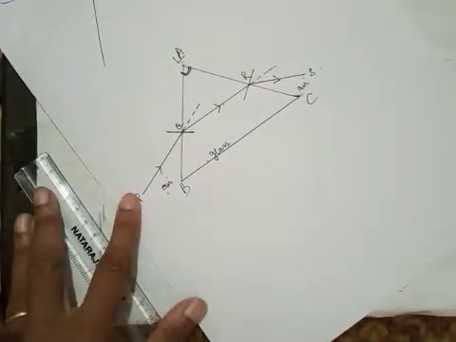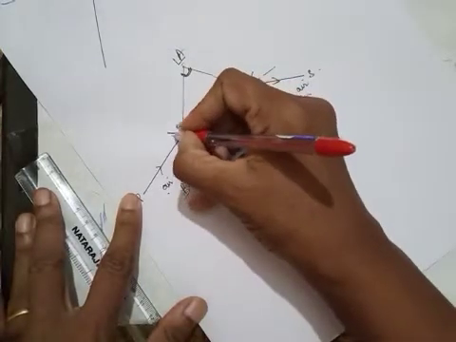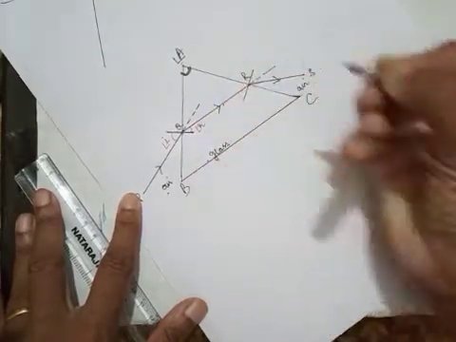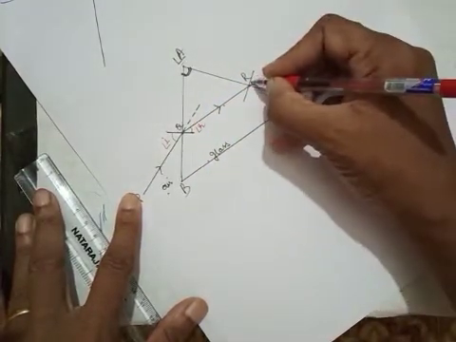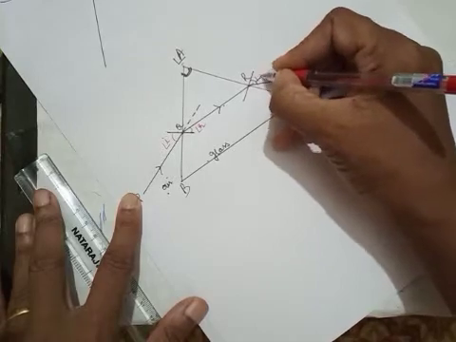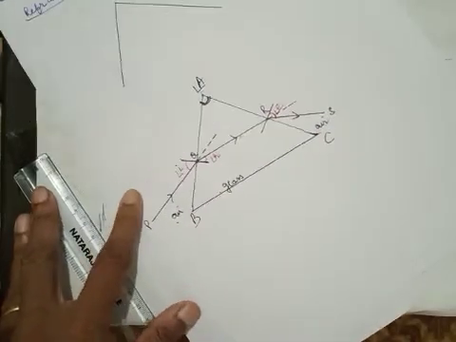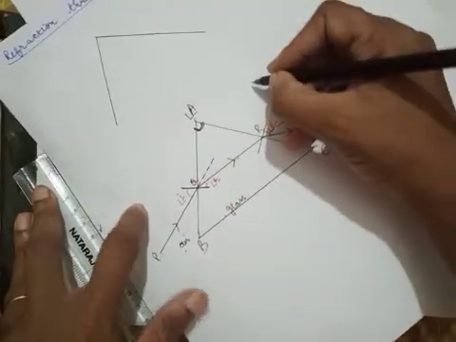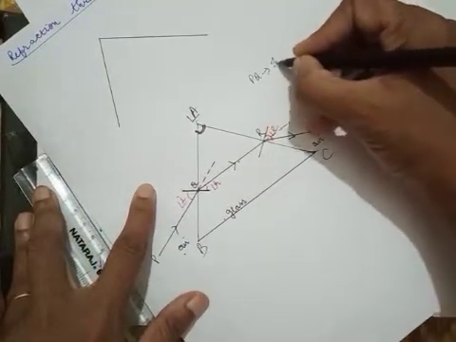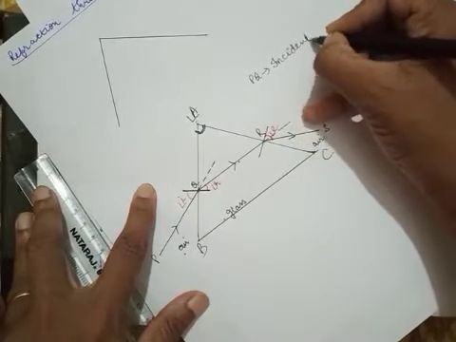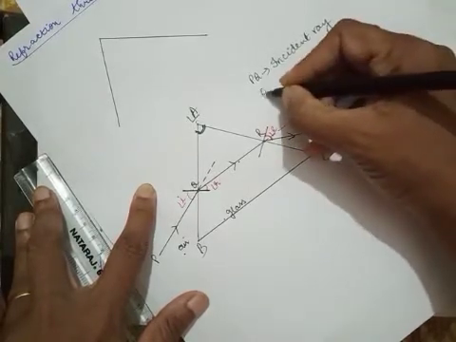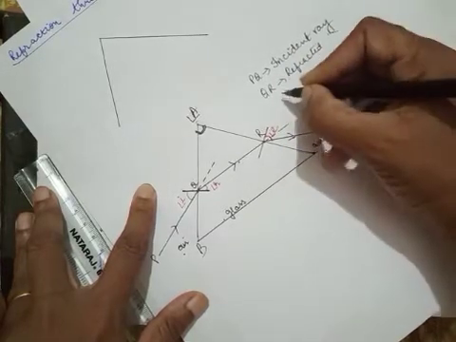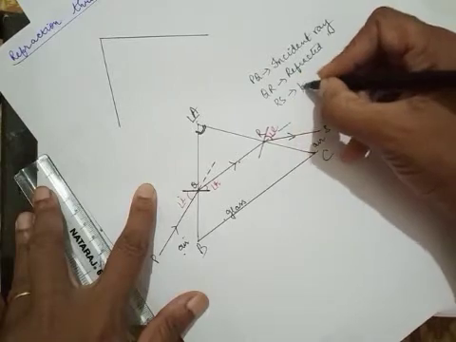Then the angles. This is angle I, angle of incidence. This is angle R, angle of refraction, and this is angle E, angle of emergence. So on the side you have to do the labeling. PQ incident ray, QR refracted ray, and RS emergent ray.